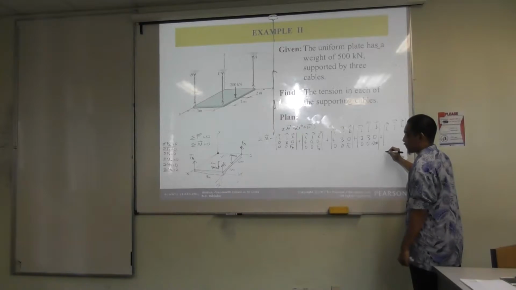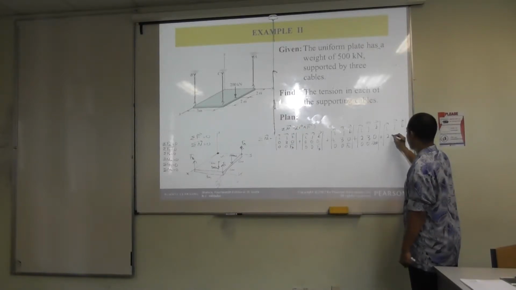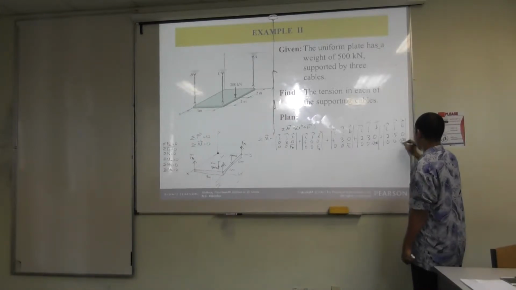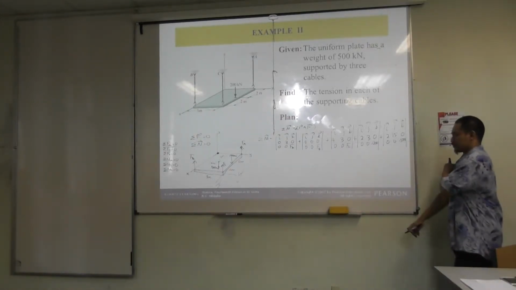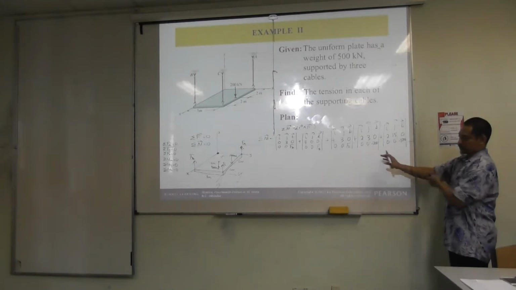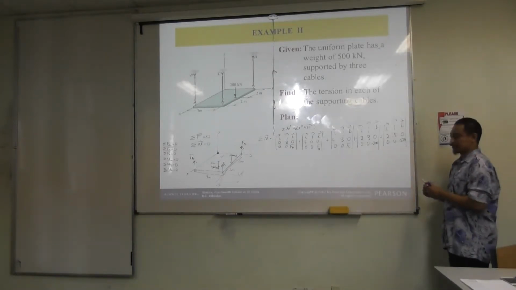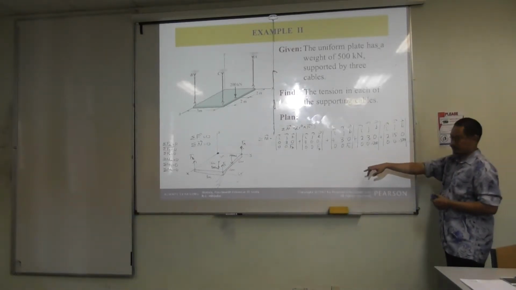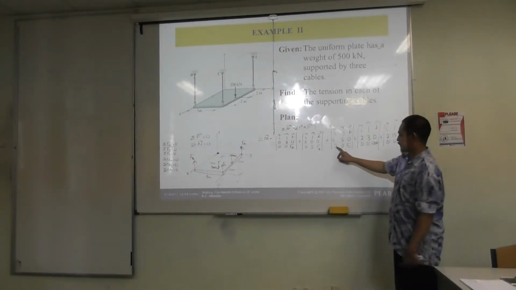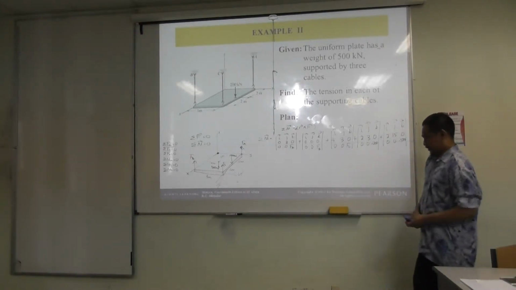For the 500, 2, 0, minus 100. So basically this is what you do if you use vector. Obviously it will be longer than scalar for this question, because you include everything, x, y, z, x, y, z, x, y, z.